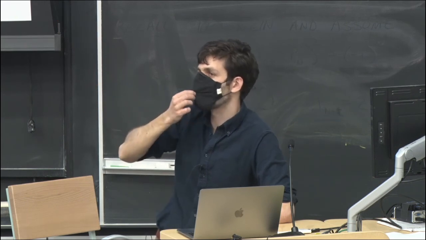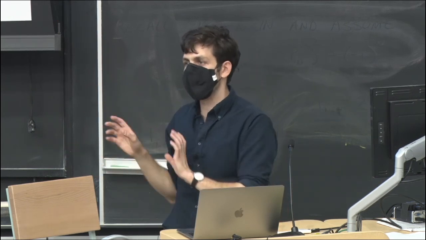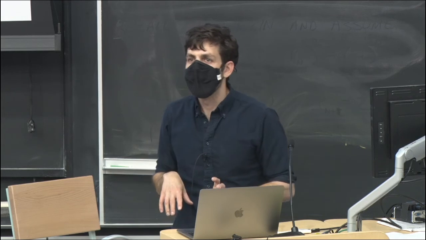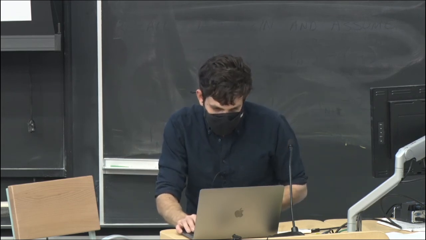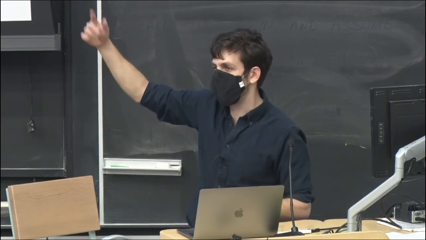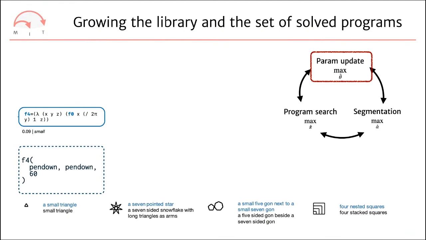When we do that search, and this is another thing that gets inherited from DreamCoder, in between the parameter update and the search phase. First of all, the parameter update and segmentation happen simultaneously. Between the parameter update and the search phase, we draw a bunch of samples from the prior with the current library, and then train an inference model in the opposite direction that conditions on both the text and the image and tries to reconstruct the program that generated them.